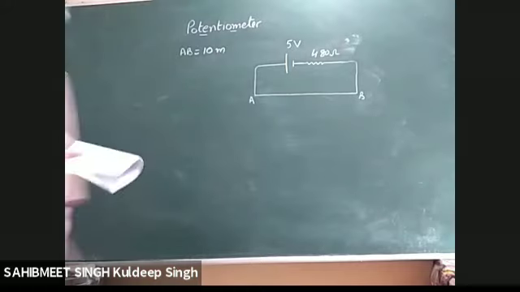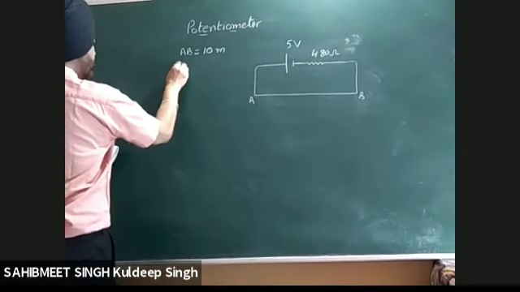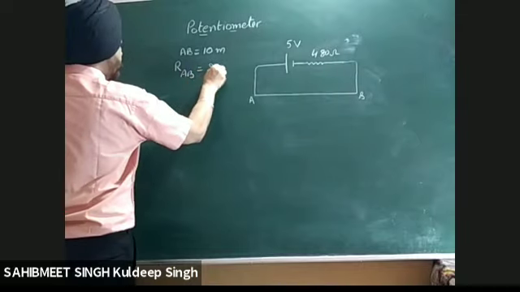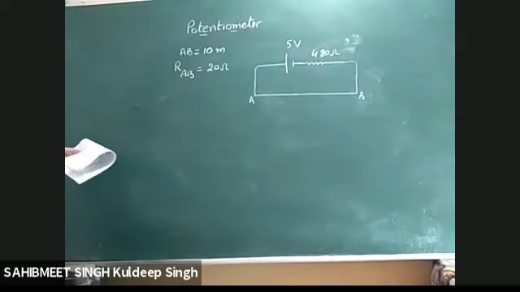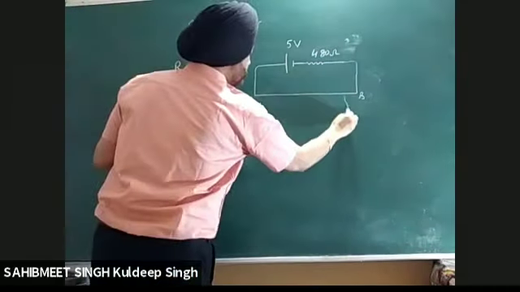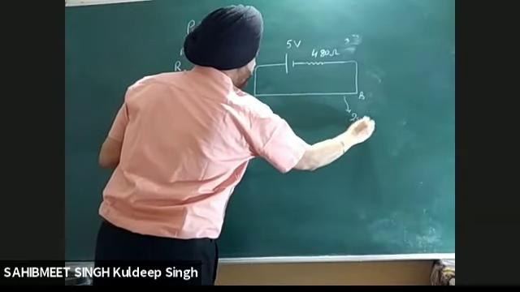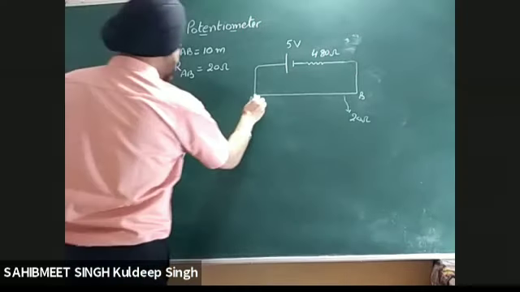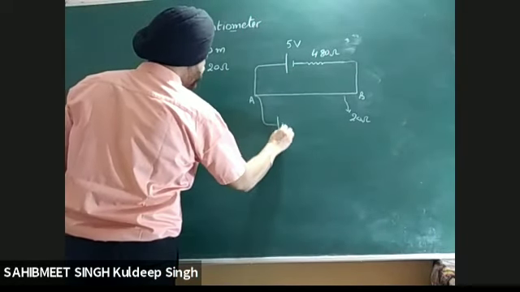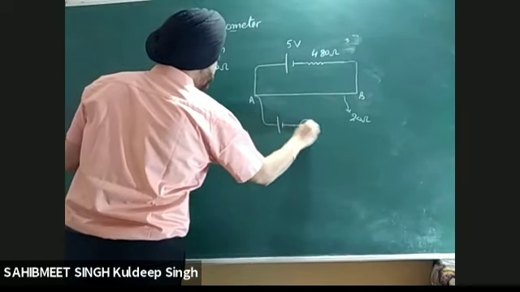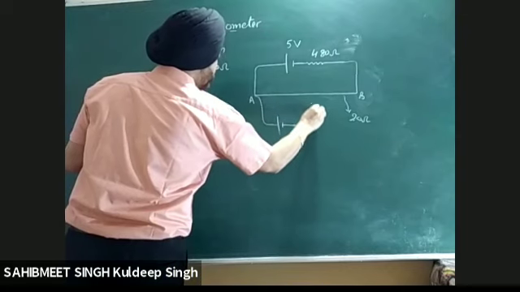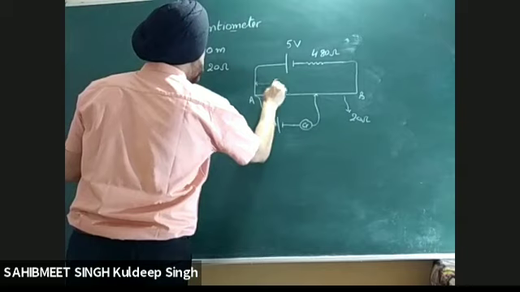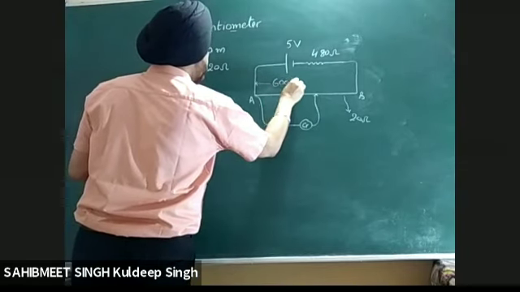It has a resistance equal to 20 ohm. This wire has a resistance. Remember it. Then a cell is connected here through the galvanometer, and it shows zero deflection across 600 centimeter.